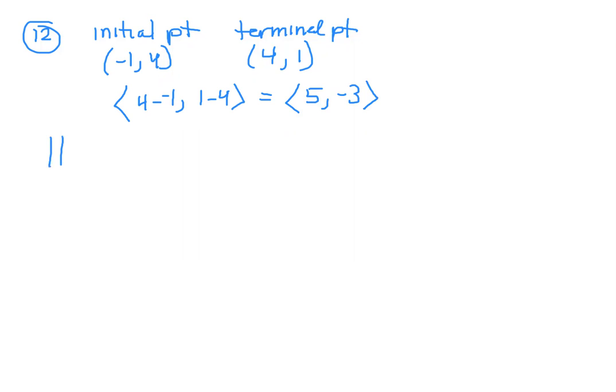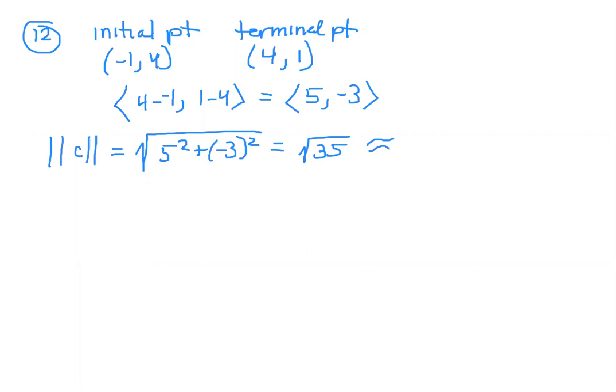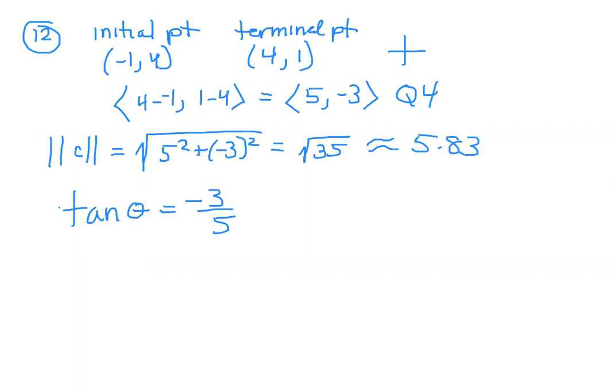To find the magnitude, we take 5 squared plus -3 squared and get the square root of 34, which is 5.83. And what quadrant? We forgot to do that. What quadrant is (5, -3) in? It's quadrant 4. So tangent theta equals -3 over 5.